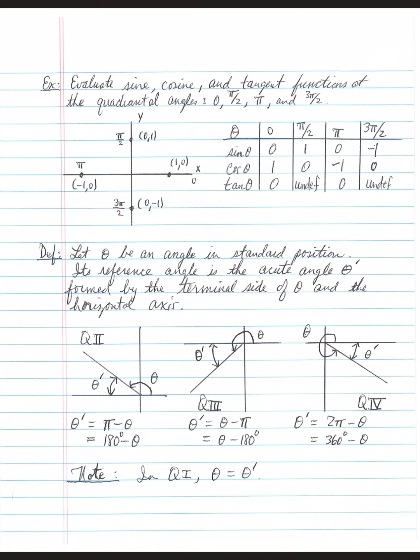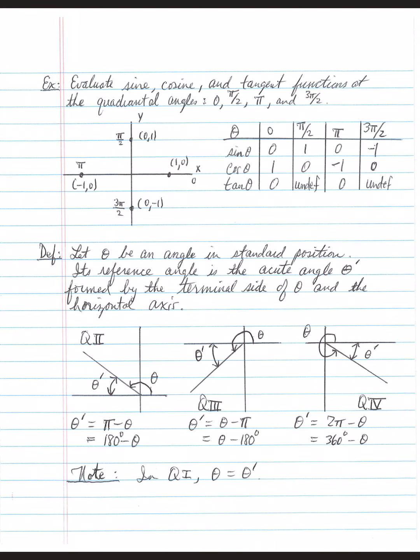A reference angle means go as short as possible from terminal side to x-axis. So that little angle would be your reference angle, theta prime. In quad 3, x-axis, y-axis, open somewhere more than 180 but less than 270.